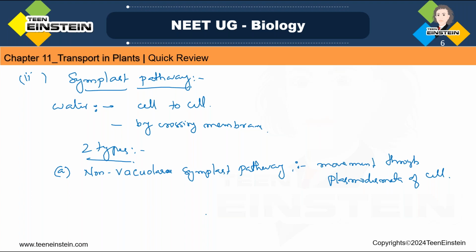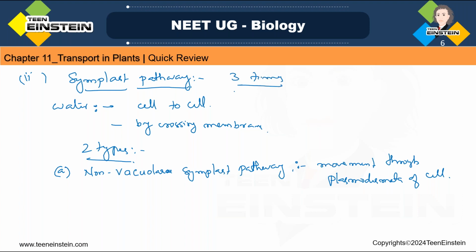It will be confusing, and you may get confused between the apoplast and symplast pathways. So make sure each concept is very clear. The symplast pathway itself is repeated three times.